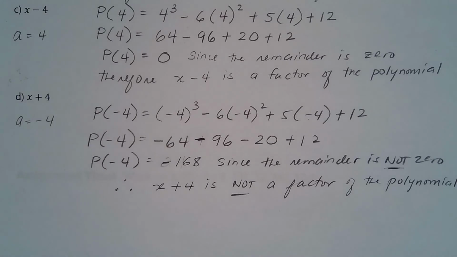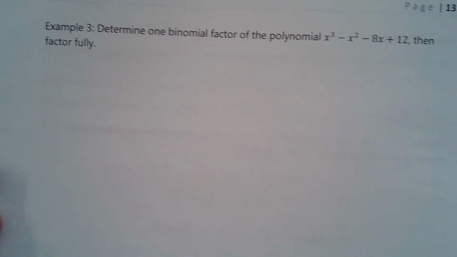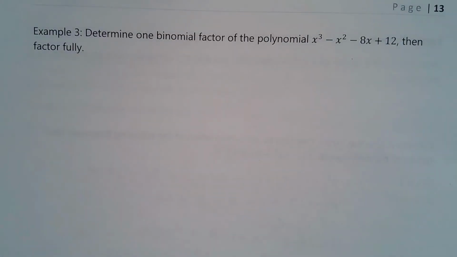So it doesn't divide evenly. Same thing over here, right? If it doesn't divide evenly, then it's not a factor, right? We're going to tie it all together in taking a look at example number 3.